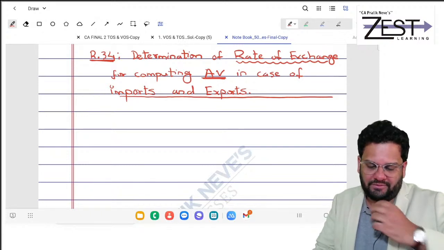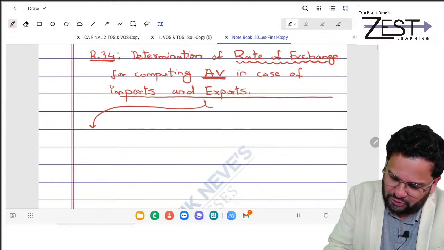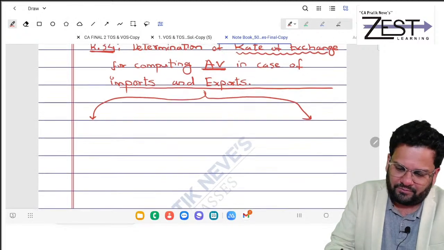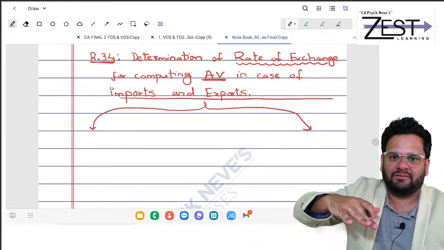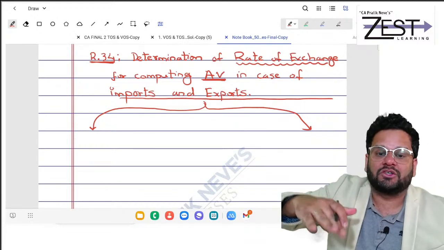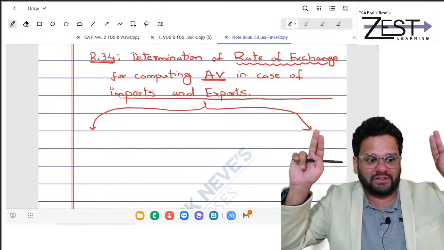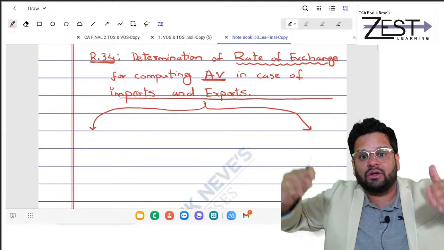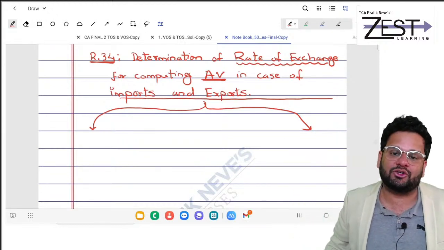Shall we check? So see, there are two possibilities. Import is taxable. All of you know that. Of course, because place of supply is in India. But that import could be in foreign currency. How to convert that foreign currency into rupees so that you can calculate GST on that?